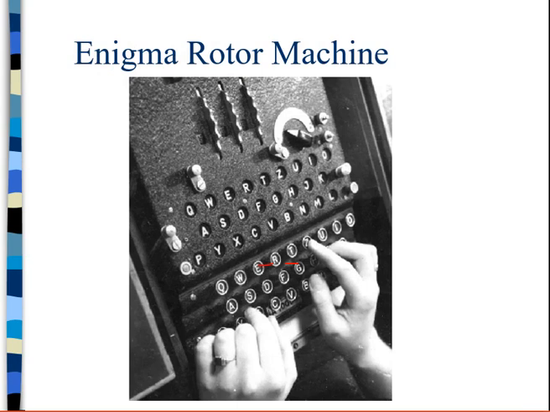Hence, you can imagine that for the 26 English letters, with 4 rotors, we will have a total of 26 to the power 4 rotations, which is about 2 to the power 18.